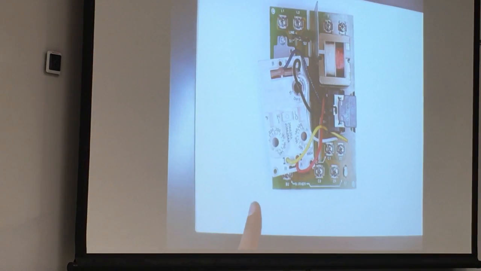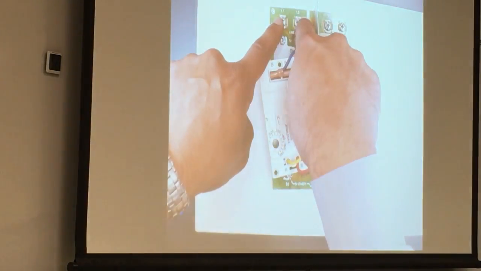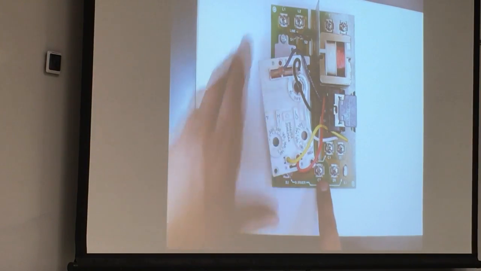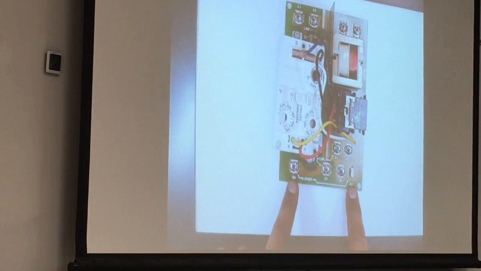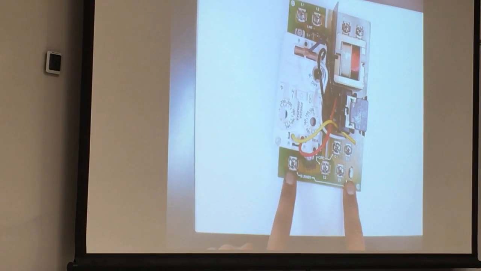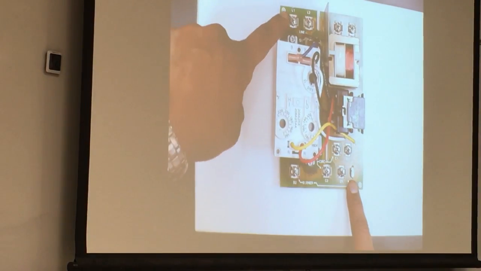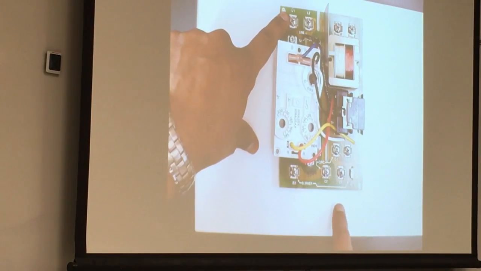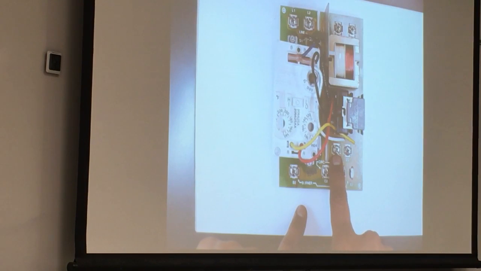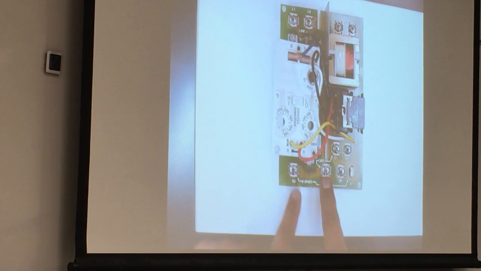So if we are going to supply the aquastat with L1 and L2, and this aquastat is going to control your burner and your circulator, what do you think B1 is? If L1 is hot, and this is controlling the power going to a circulator and a burner, B1 is hot for the burner. What about C1? Hot for the circulator.